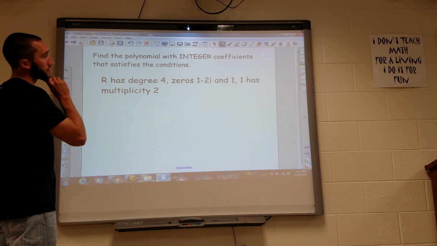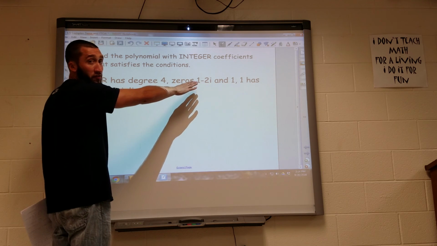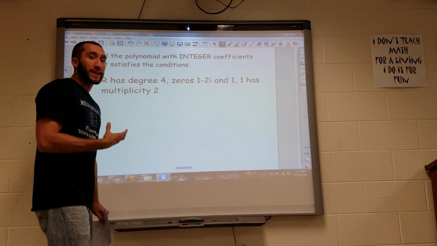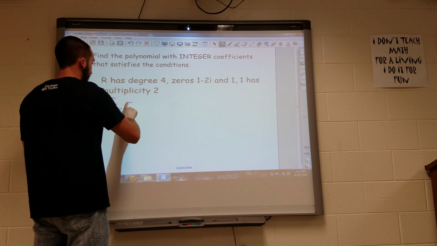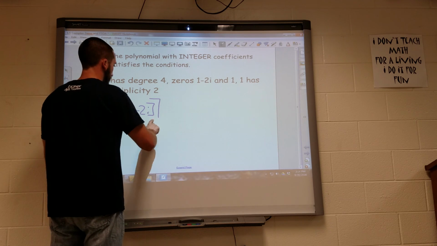So the key thing here being it gives us a complex zero. So when we have a complex zero like that, we get the actual x minus 1 minus 2i, right?